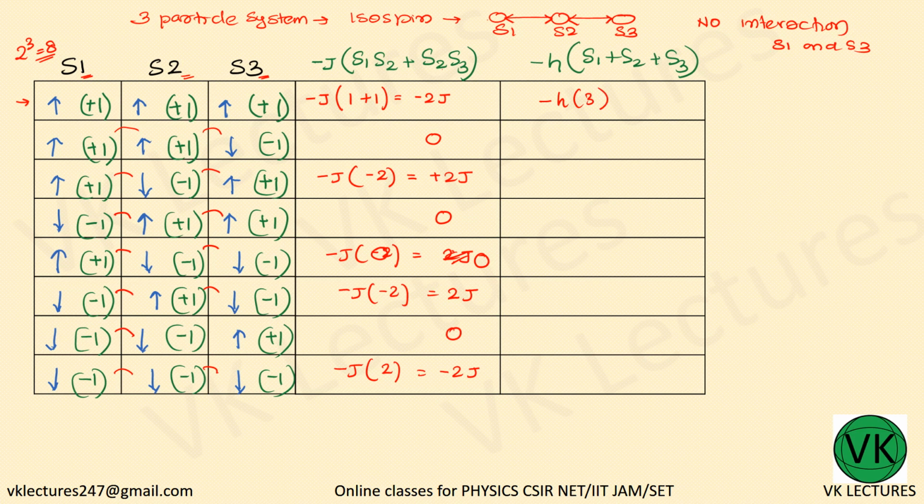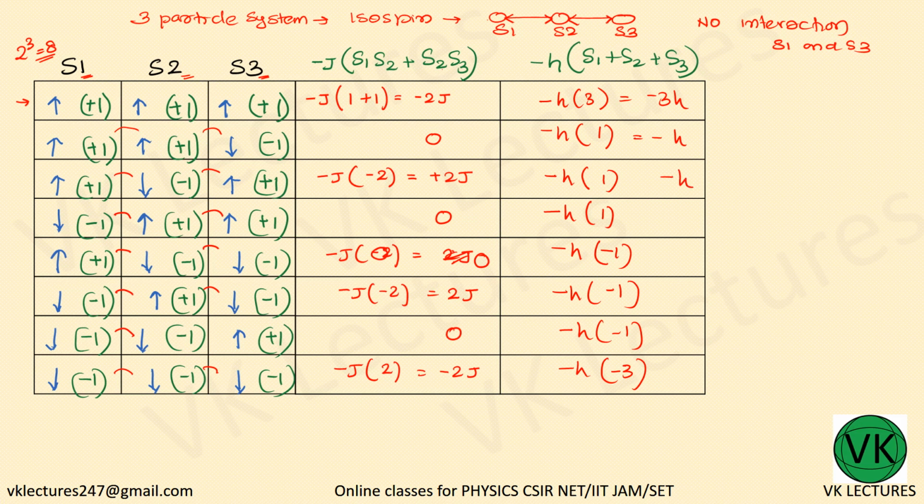Here we have minus H into 1, so plus 1 plus 1 and minus 1, minus H into again 1, minus H into again 1, minus H into minus 1, minus H into minus 1, minus H into minus 3, so that's equal to minus 3H, minus H, minus H, minus H, H, H, H, and 3H.